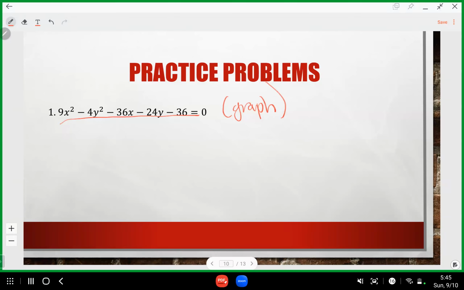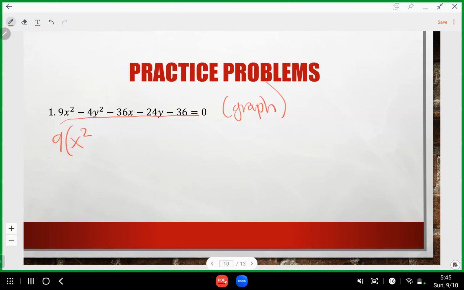So let's complete the square here. We have to complete the square for 9x squared minus 4y squared. So we have to divide everything by 9 and 36.